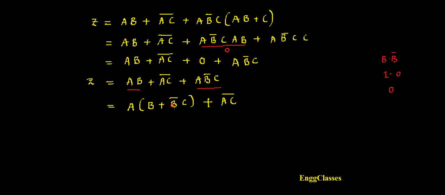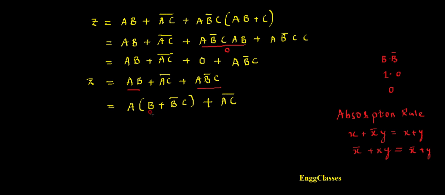B plus B bar C, what is this? Making use of the absorption rule again, I can simplify that further. The rule says x plus x bar y is equal to x plus y, and it has another format: x bar plus x into y leads to x bar plus y.